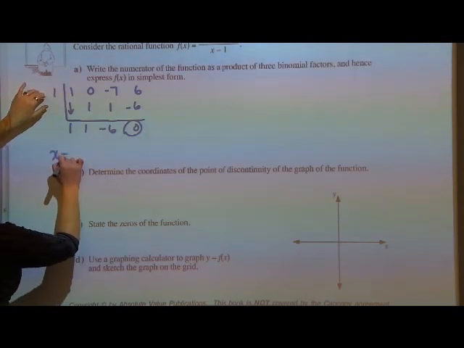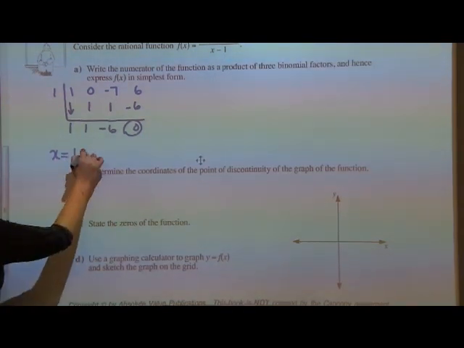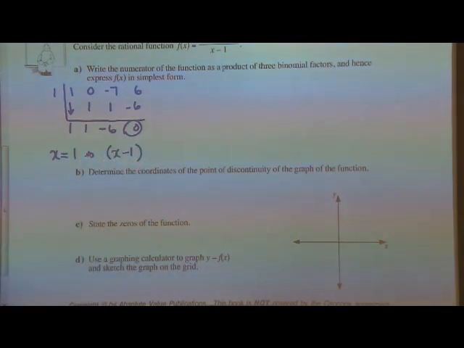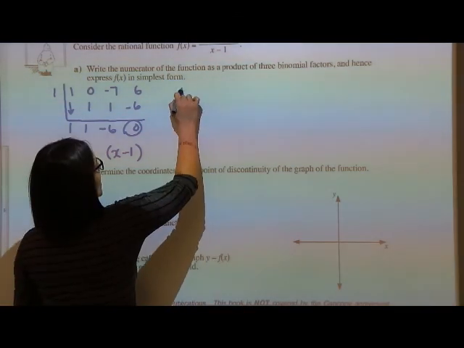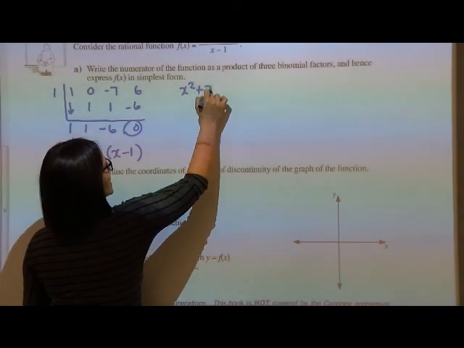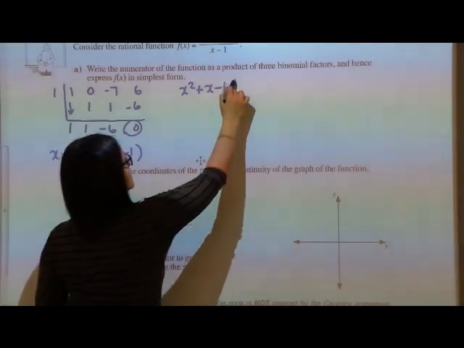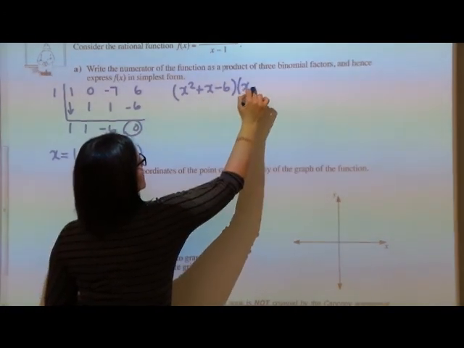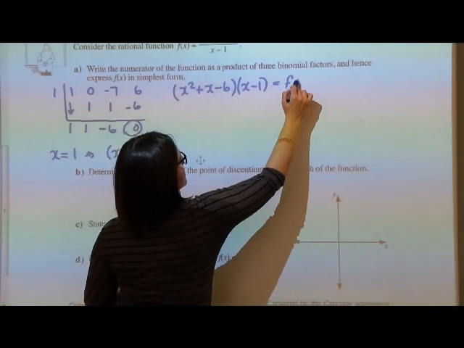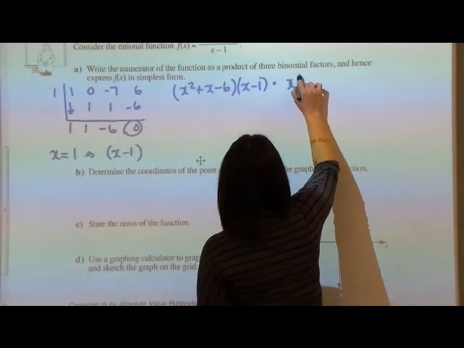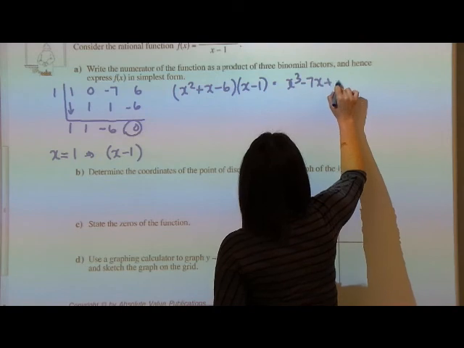So x equals 1, which means that the factor would be x minus 1. So there's one factor. That leaves me with x squared plus x minus 6 times x minus 1. Oops. Sorry, equal to f of x. That's equal to x cubed minus 7x plus 6.